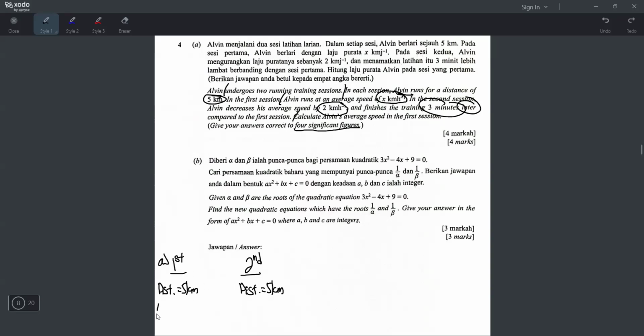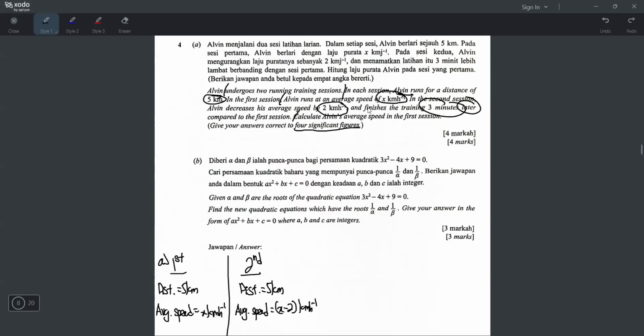For the average speed for the first session is x kilometers per hour. I recommend writing the unit also, because it's important. What about the second session? The second session decreased average speed by 2. So I'll just write here, average speed is x minus 2, and I recommend writing the unit kilometers per hour.